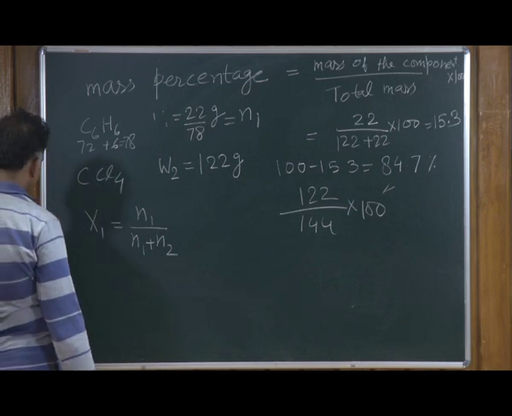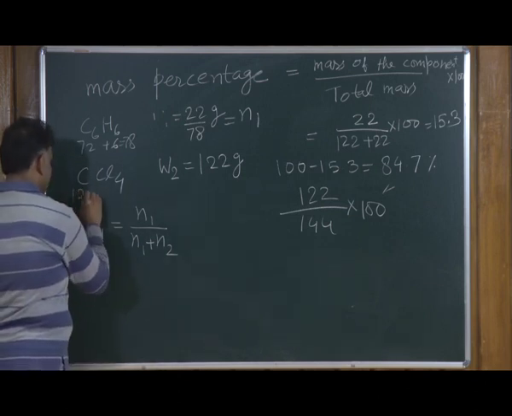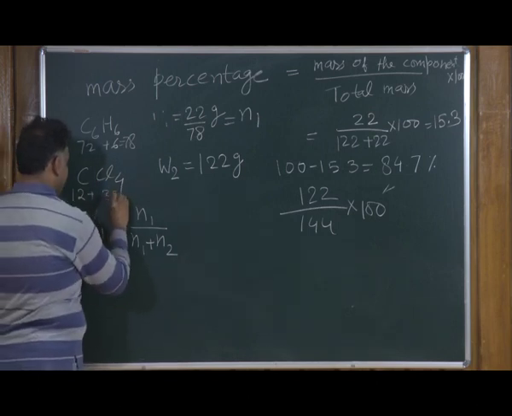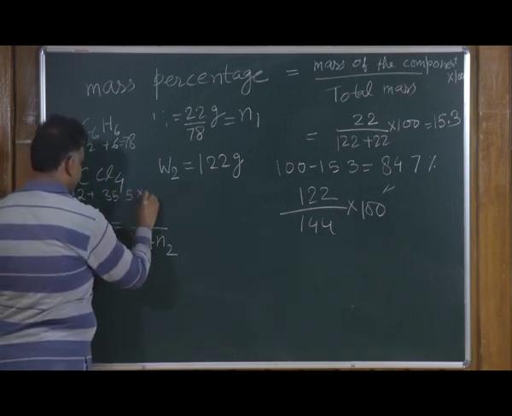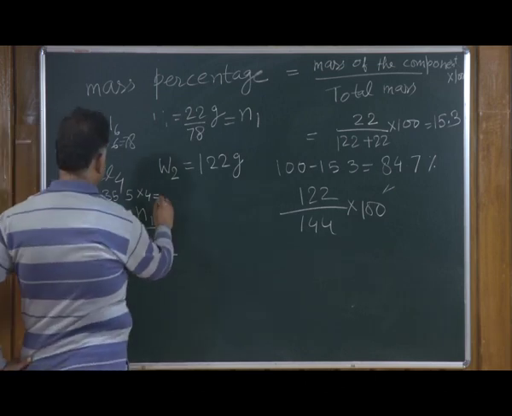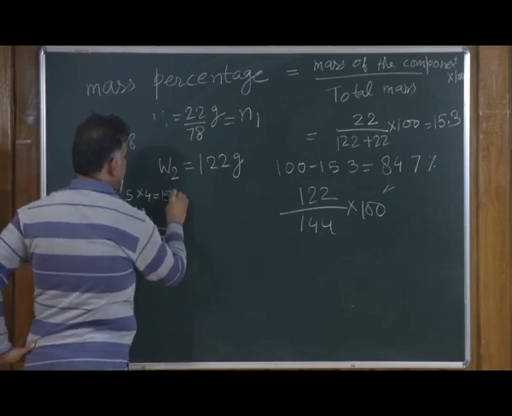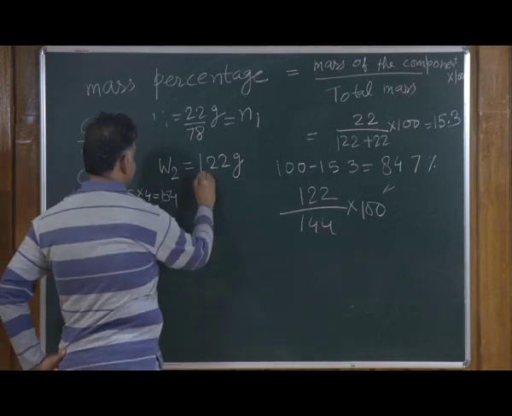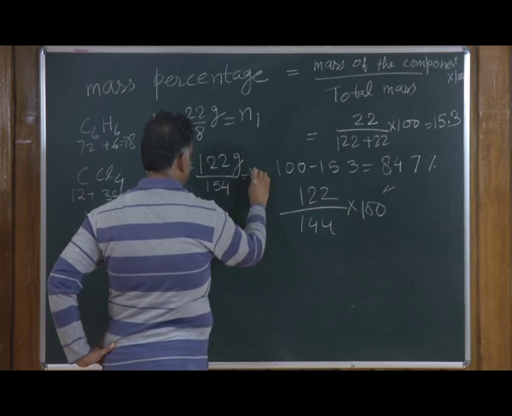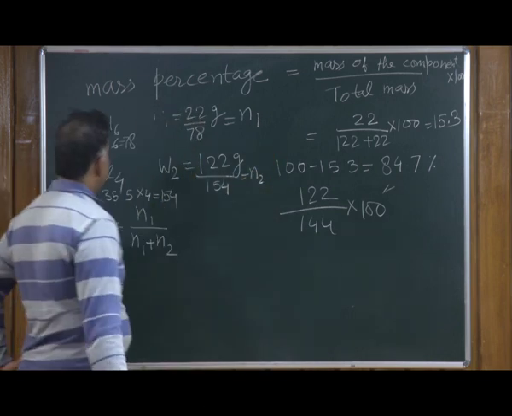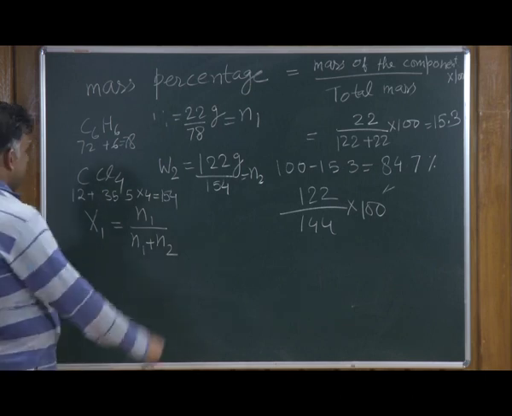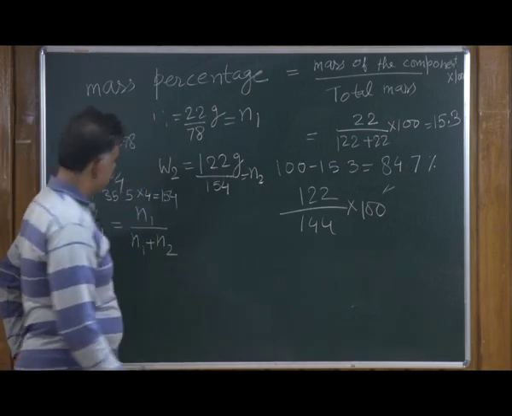So, molecular weight would be approximately 12 and atomic weight of chlorine is approximately 35.5 multiplied by 4. So, 71, 142. So, this would be 154. So, if I simply divide this thing by 154, that will give me moles of component 2. And if I just plug in this information, I should get the answer.